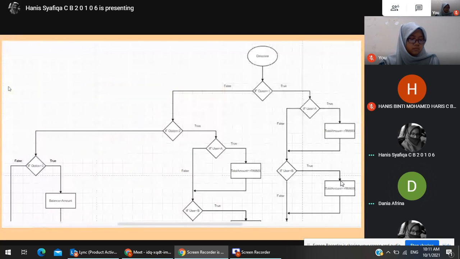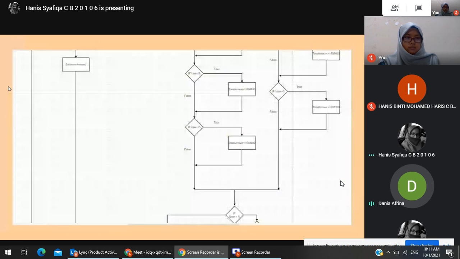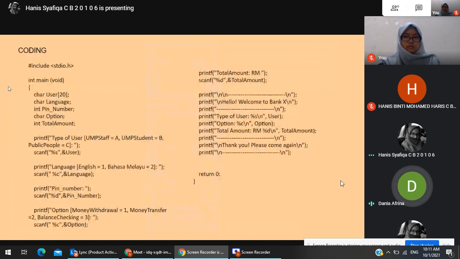Next, and this is the whole project for calculate. Okay, and lastly, this is the project for the print, what we want to output from the given data. Next.